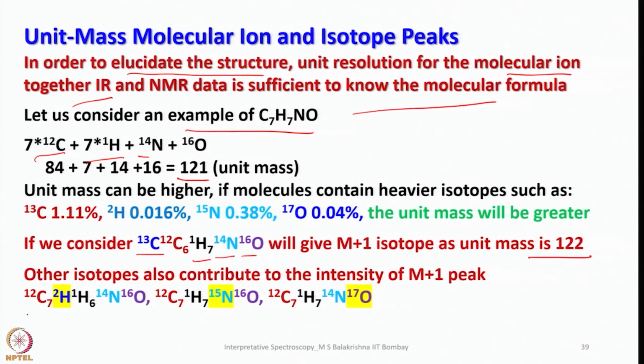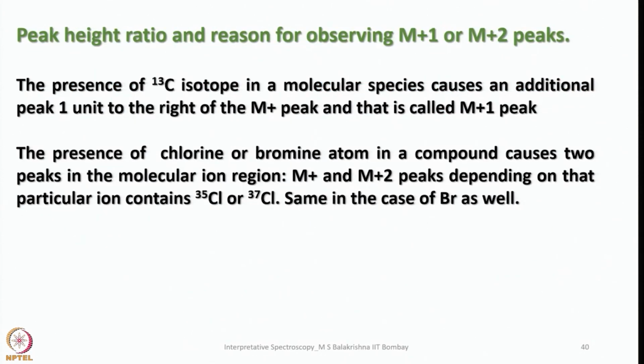For example, you can also have a combination like this: 12C7, 2H, 1H6, 14N, 16O, or you can have 15N, 12C7, 1H7, or you can also have 17O. So all these will contribute towards the intensity of the M+1 peak, where the unit mass will be 122 rather than 121. So the peak height ratio and the reason for observing M+1, M+2 peaks we should understand now.